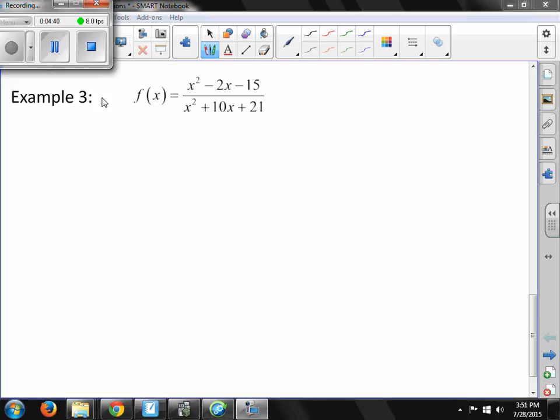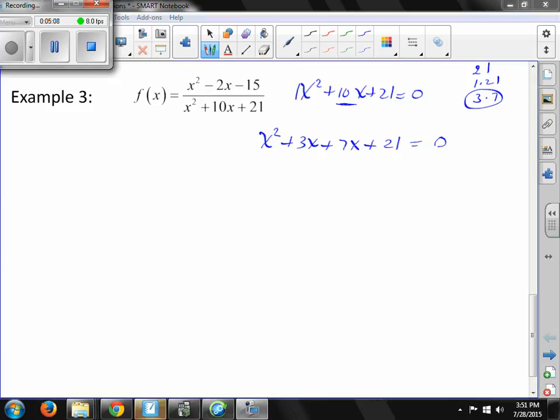This is our third example. Let's see, we want to set the denominator x squared plus 10x plus 21 equal to 0. 1 times 21 is 21, so this splits into either 1 times 21 or 3 times 7, but I'm looking for the one that adds up to 10, so it'd be 3 and 7. I'm going to rewrite it: x squared plus 3x plus 7x plus 21 is equal to 0.